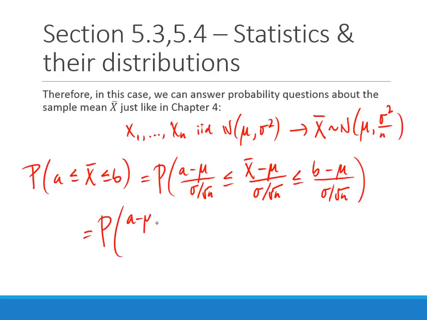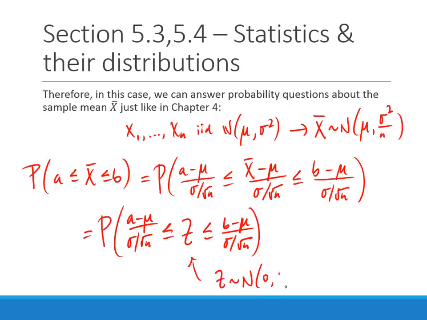So this is a minus mu, rewriting this here. And once I have it in this form, this z is distributed as my standard normal, mean 0, variance 1. So if I want to know the probability, for example, that my sample mean is between 30 and 40, I can do a similar calculation to what I've done before.